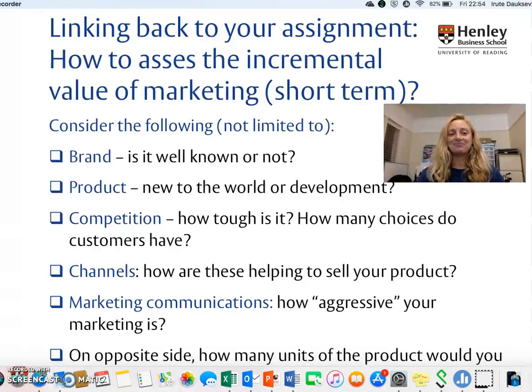So in order to assess incremental value of marketing, that's when we were talking about, say, for example, Coca-Cola. Obviously, it's a bit unrealistic, but say Coca-Cola is not using any marketing and every year is making $1 billion in sales.